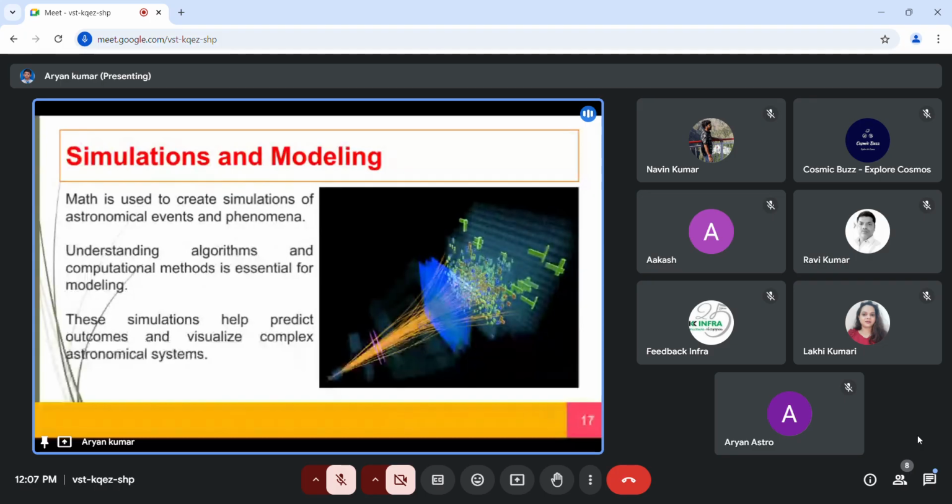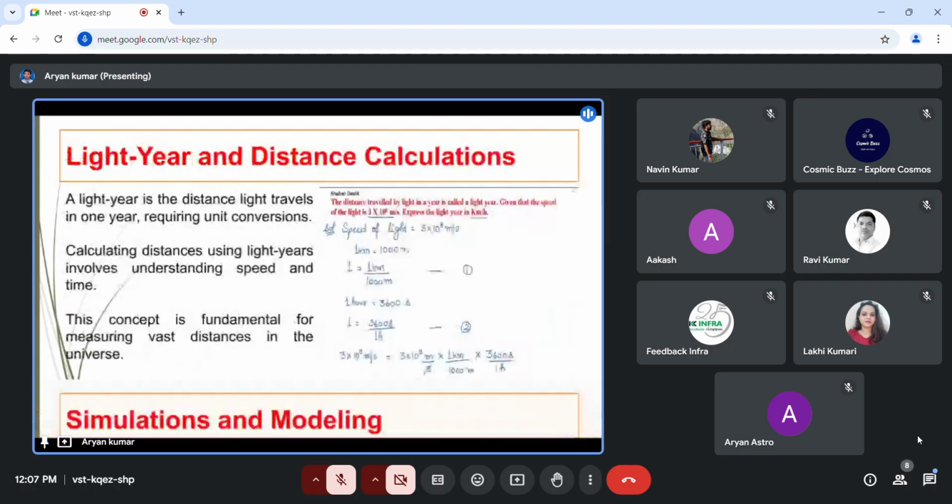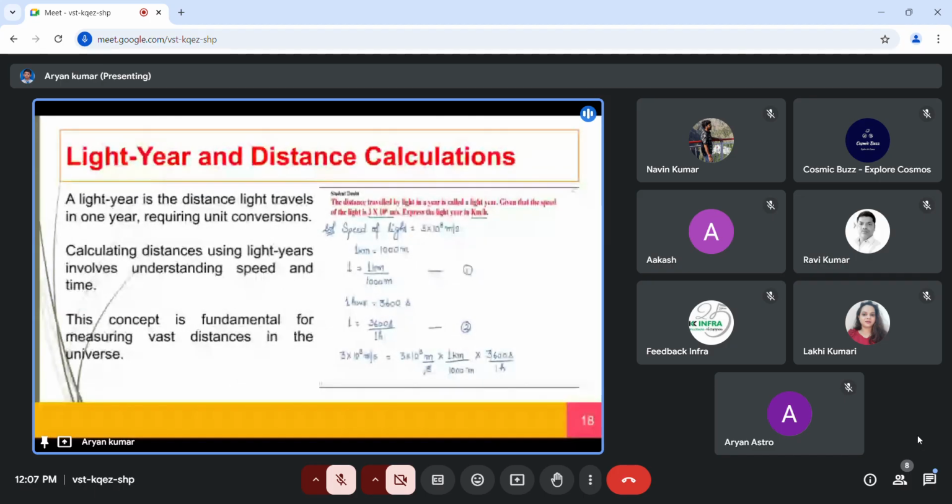These simulations help predict outcomes and visualize complex astronomical systems. Light year and distance calculation: a light year is the distance light travels in one year. Calculating distance using light involves understanding speed and time. This concept is fundamental for measuring vast distances in space.